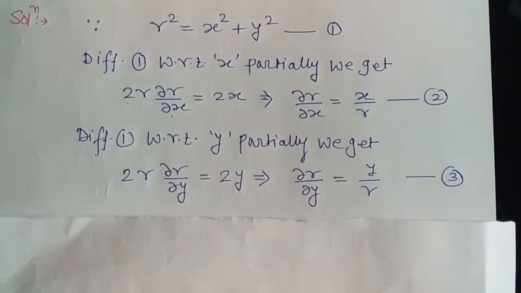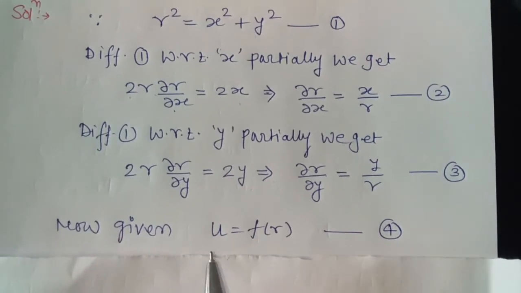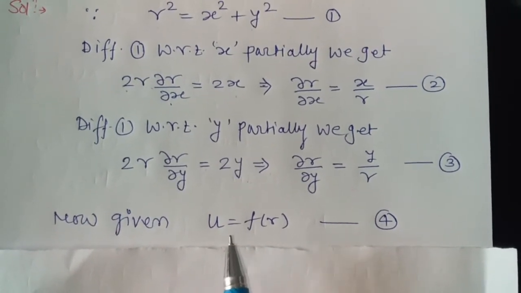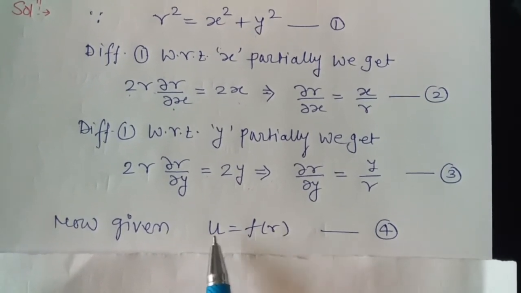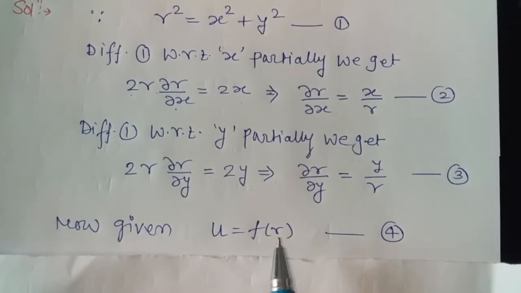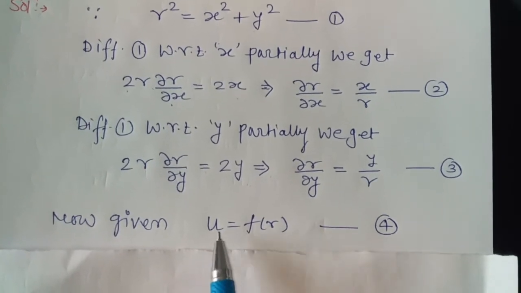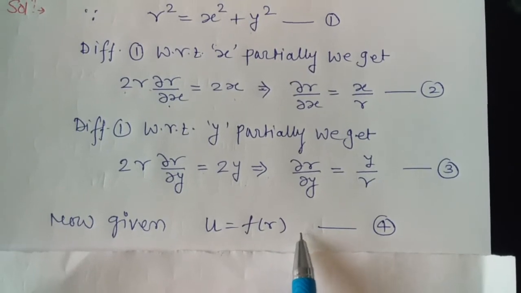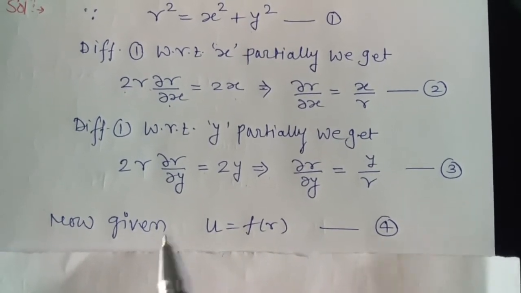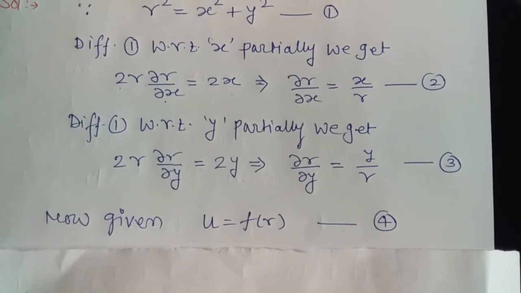Now given u is equal to a function of r, we differentiate u with respect to x partially because u is a function of r and r is a function of x and y. So we can differentiate u with respect to x and y partially using the chain rule of differentiation.